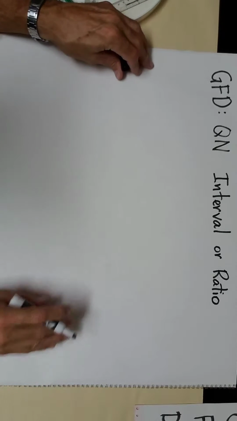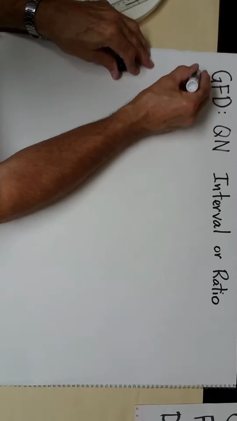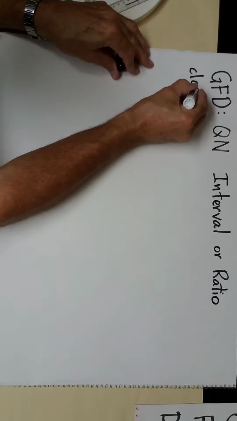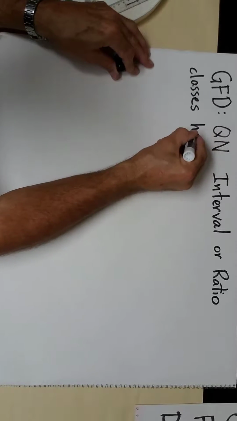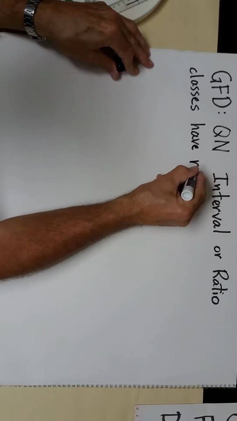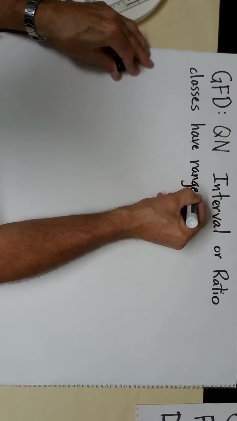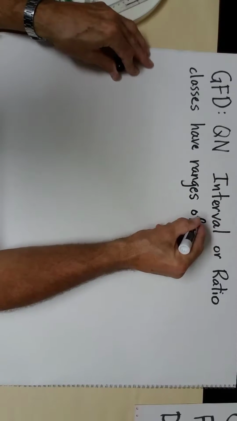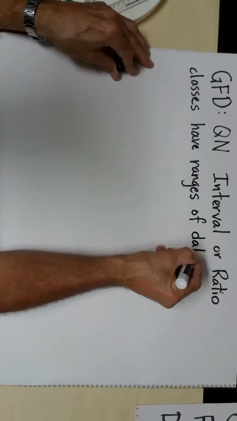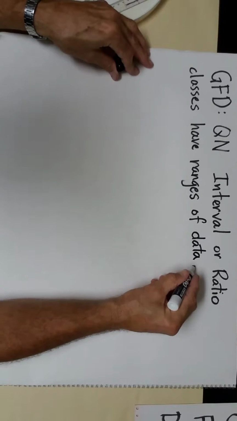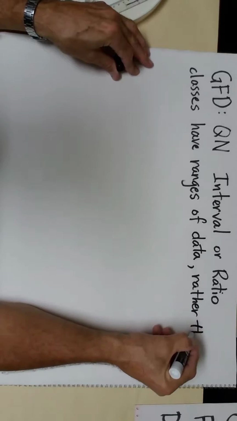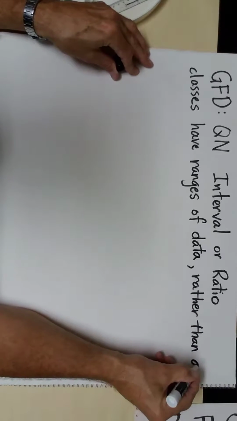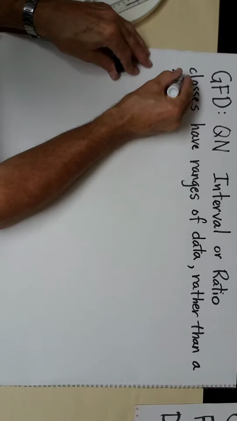One of the characteristics of this distribution is the classes have ranges of data rather than a single value.